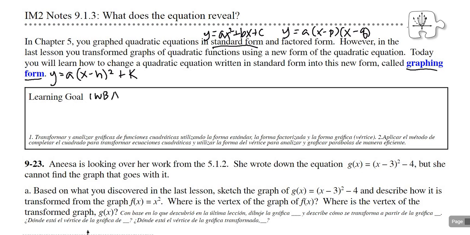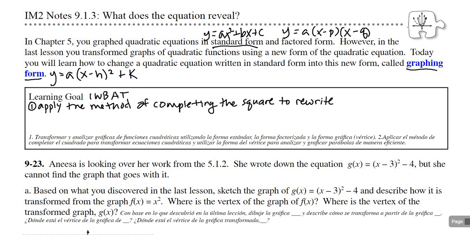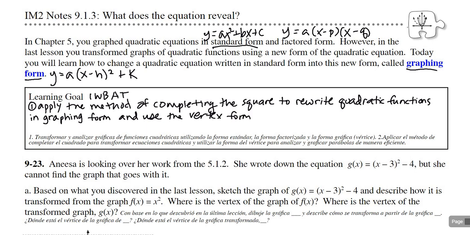I will be able to, one, apply the method of completing the square to rewrite quadratic functions in graphing form and use the vertex form to efficiently graph parabolas.